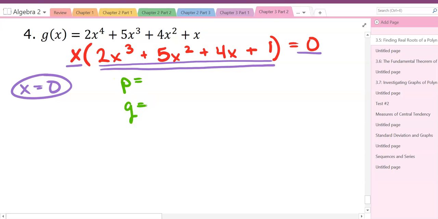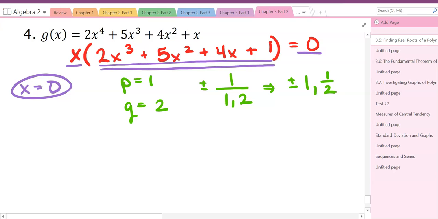So what number is your P? And your Q is 2. What are the factors of 1? Just 1. How about 2? 1 and 2. Okay, so when I write out my final list here, 1 over 1 is 1, and 1 over 2 is 1/2. This is a pretty small list, okay?